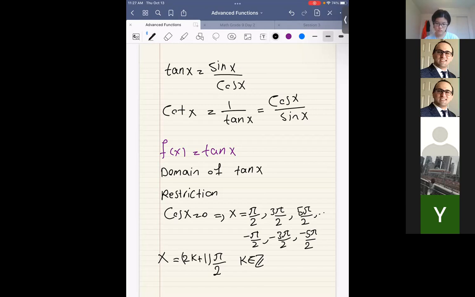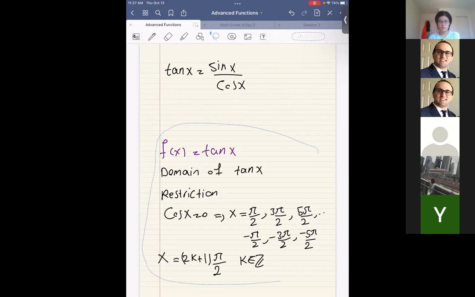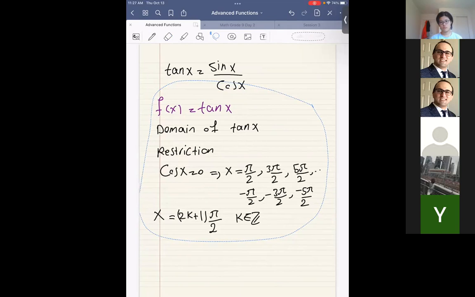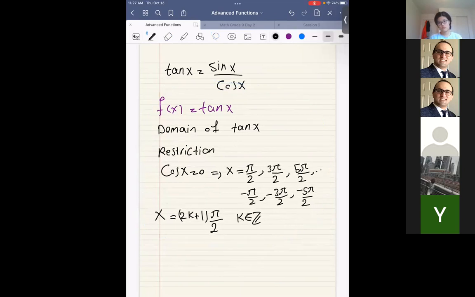So that means the domain of tangent of x is all real numbers except this. The domain of f is the set of real numbers except x cannot be 2k plus 1 times pi half for k an integer.